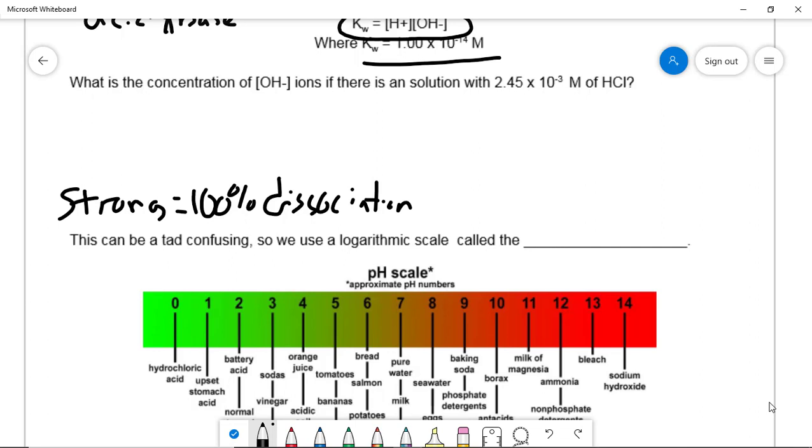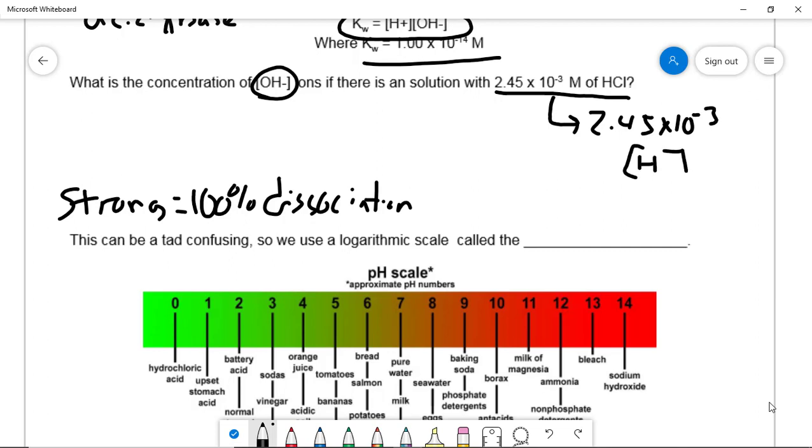What that means is that if I have something like 2.45 times 10 to the negative third molarity of HCl, and it's asking me to solve for OH, this essentially completely dissociates. So when I'm in solution, that means that I get 2.45 times 10 to the negative third H, or H3O+. If it 100% dissociates, it means it all breaks apart.